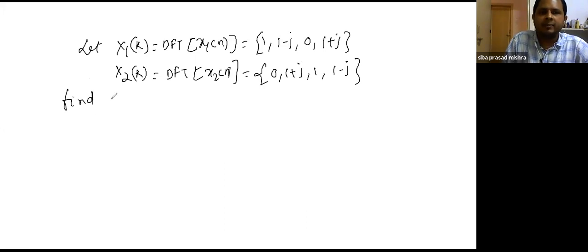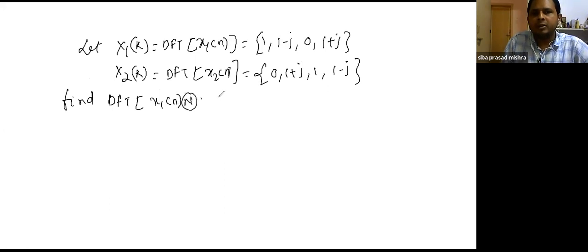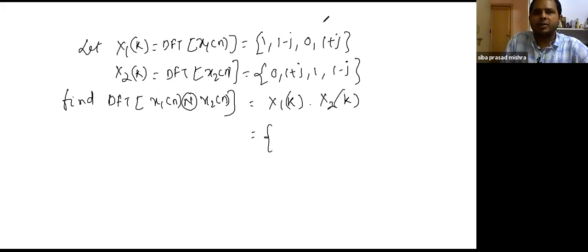Then find the DFT of x1(n) circular convolution x2(n). This is the simplest problem. It is X1(k) multiplied by X2(k). Now multiply these two sequences. The multiplication is very simple.